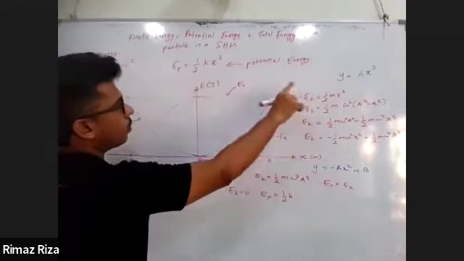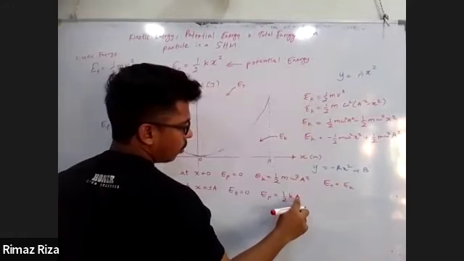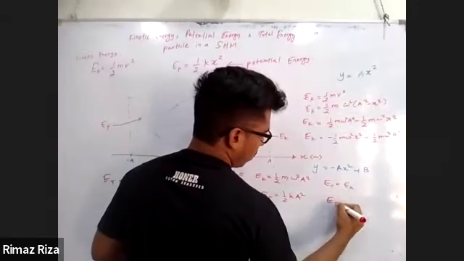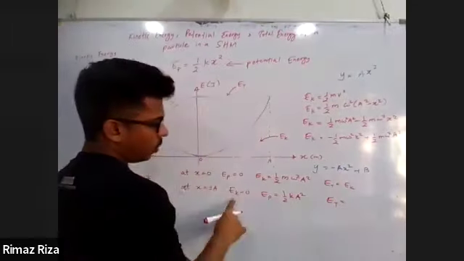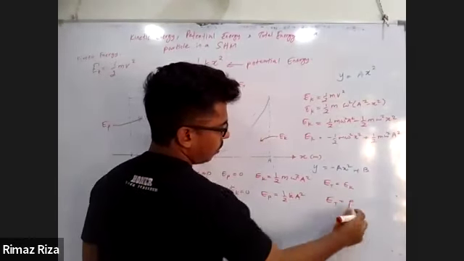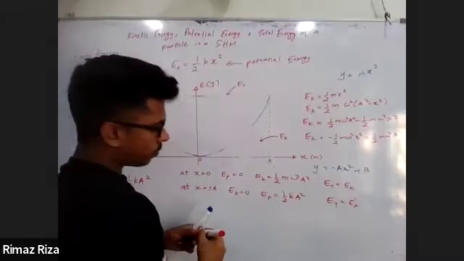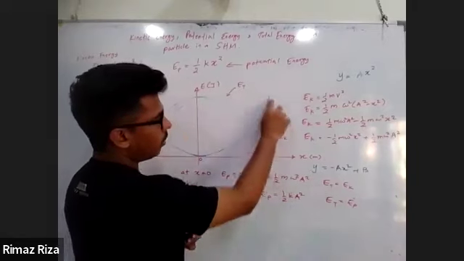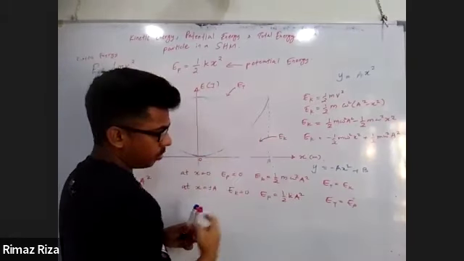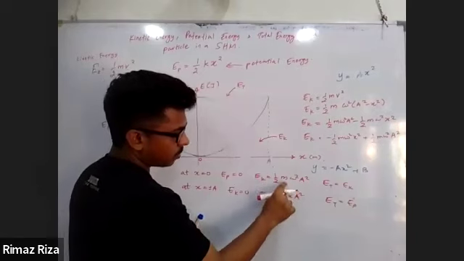For x you substitute minus a or plus a; if you put minus a, when you square it you get plus a squared only. And E total is equal to E K plus E P. E K is 0, so there E total is equal to E P, right? So you can see here the total energy is equal to the potential energy, and kinetic energy is 0. And now these two are actually the same equations, because k equals m omega squared.